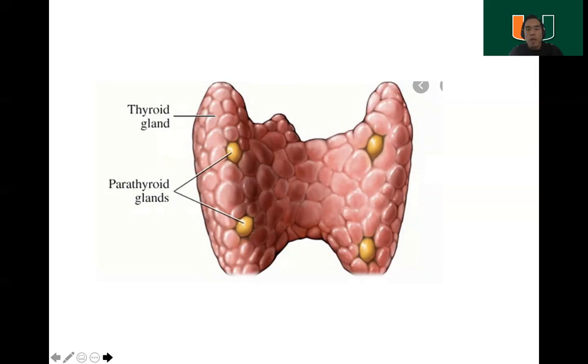Even if one gland is not working, the other 3 can compensate, or even if 3 glands are not working, 1 gland can compensate for the other 3. This is the reason why hypoparathyroidism in general is found at much lower prevalence than other endocrine disorders.